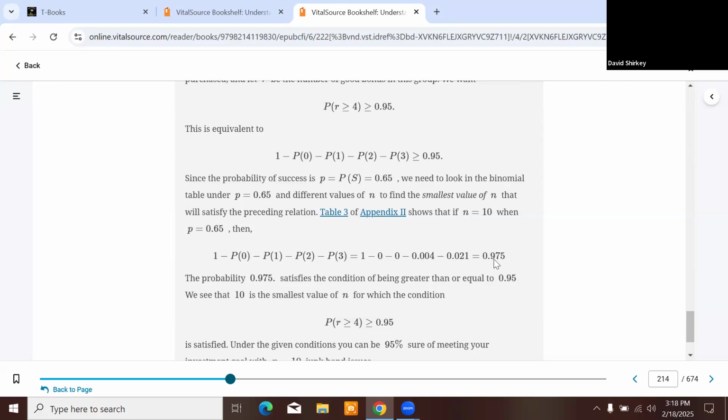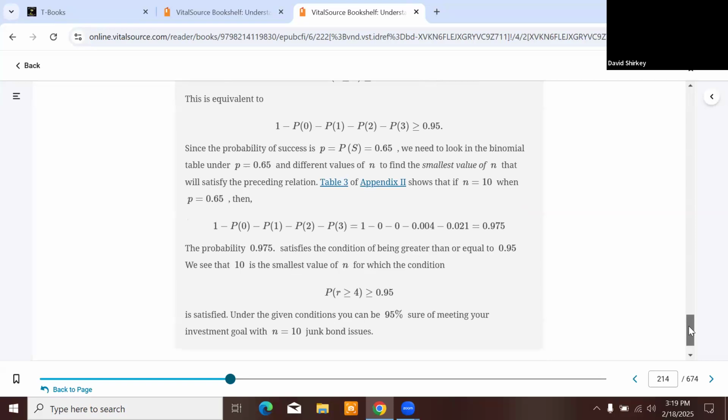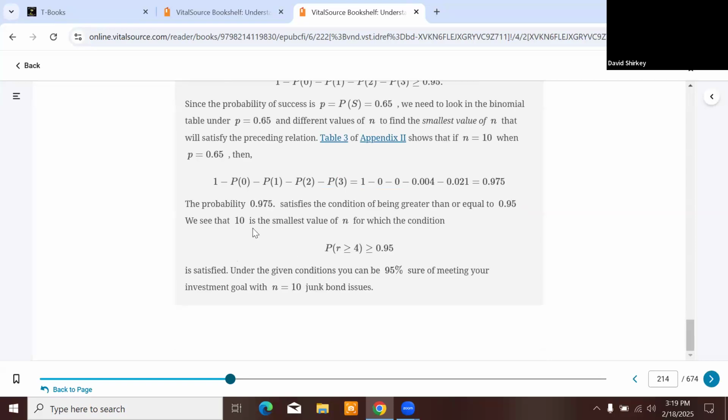So this is what you pick right here, where n equals 10, and you get 0.975. So 10 is the smallest value of n for which this particular condition is satisfied. Under the given conditions, you can be 95% sure, so that's at least 95%, or greater, whatever is immediately greater than that on the binomial table.